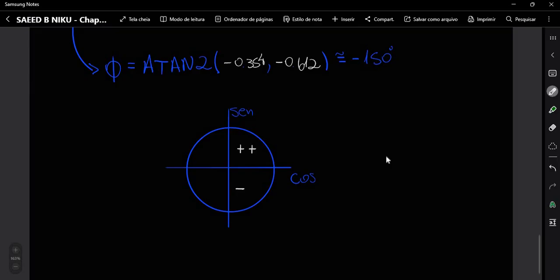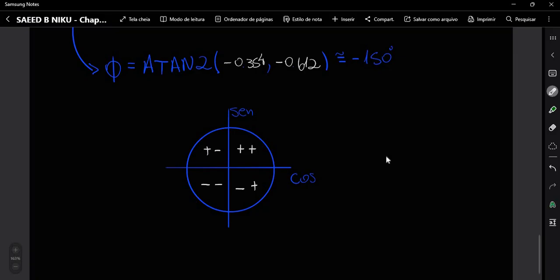Right here sine is negative, but cosine is positive. And right here both sine and cosine are negative. And right here sine is positive, but cosine is negative.